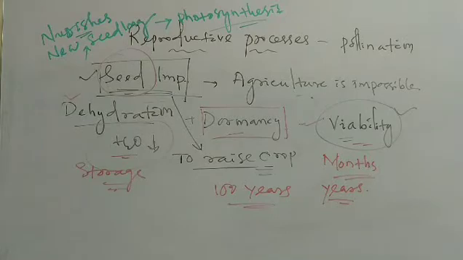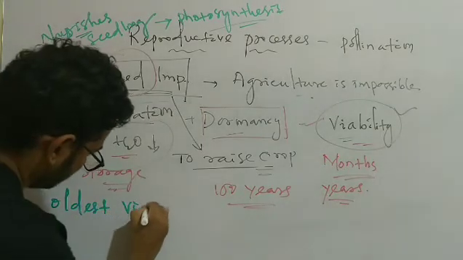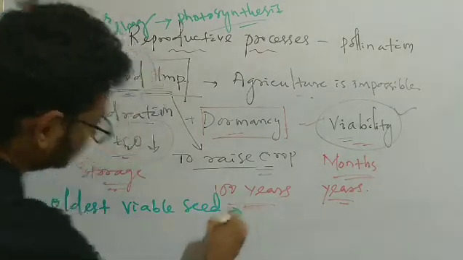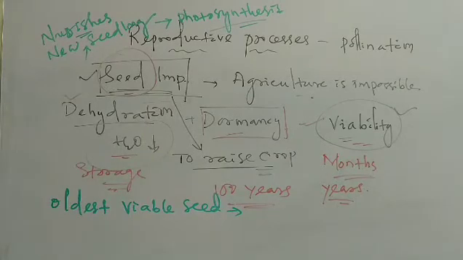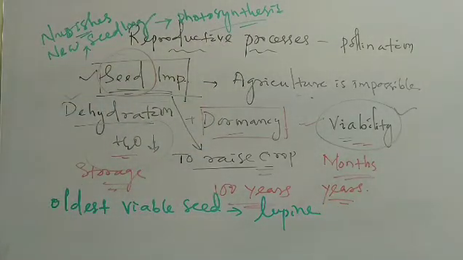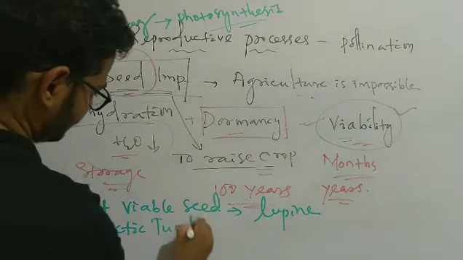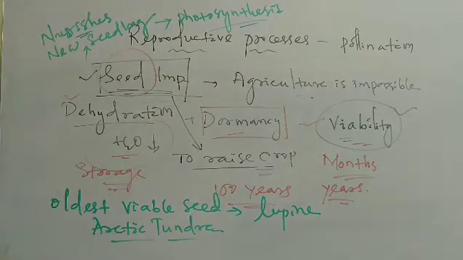The oldest viable seed is lupine. It was excavated from the Arctic tundra, and it is the oldest viable seed discovered.